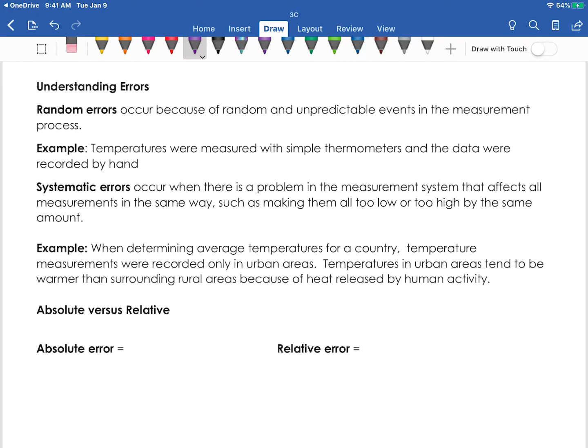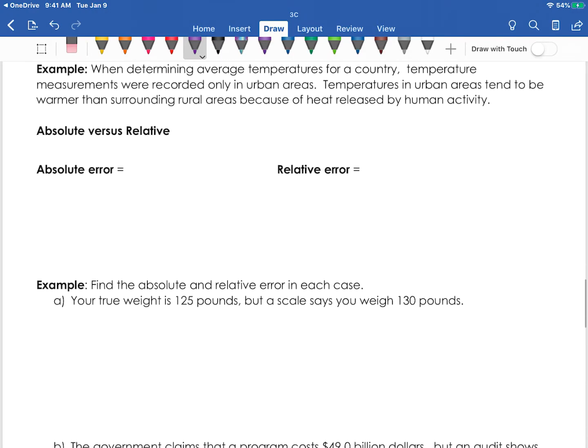Okay, now talking about how to calculate error, we have two kinds of errors that we can calculate. We have the absolute error and we have the relative error. If you think back to one of our previous sections, we talked about absolute change and relative change.